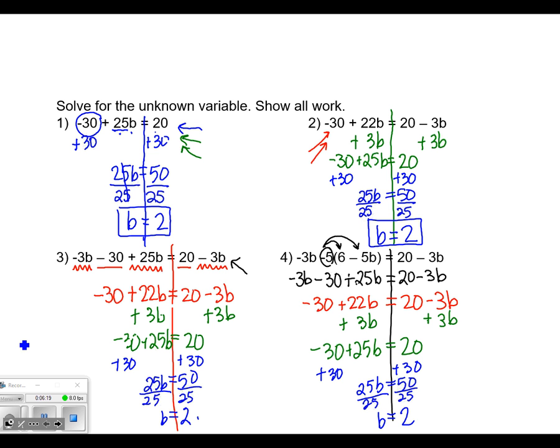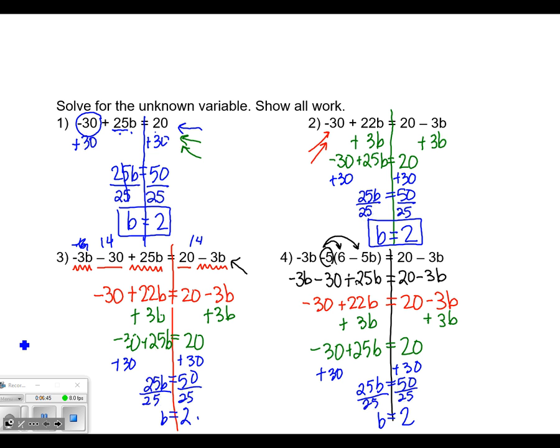Number 3 here. Negative 3 times 2 is negative 6, minus 30 is negative 36, plus 50. Negative 36 plus 50 is 14, I believe. And 20 minus 3 times 2, 20 minus 6, 14.